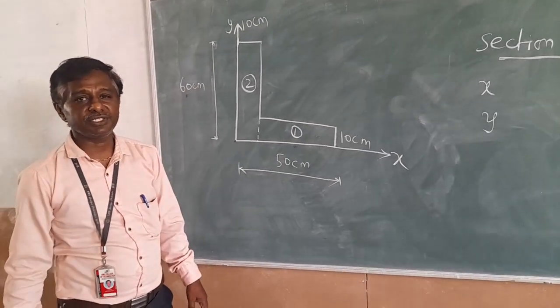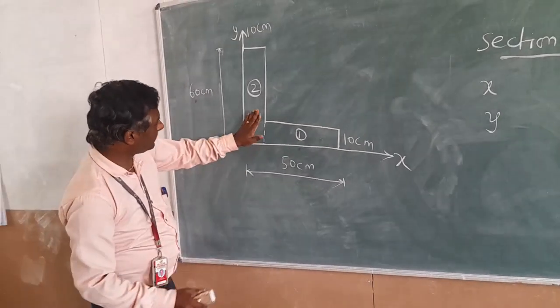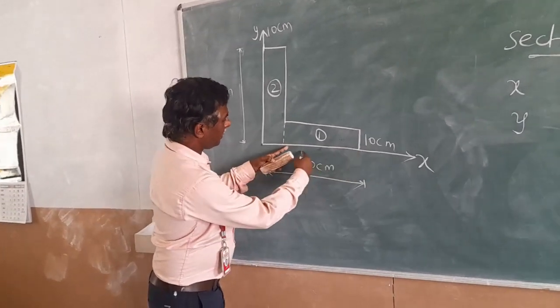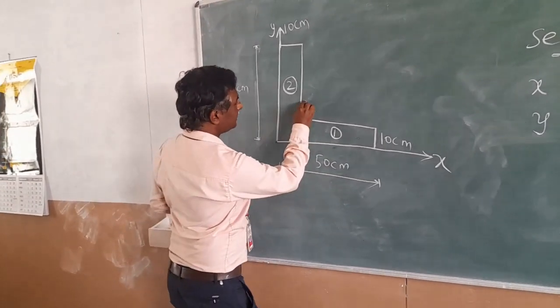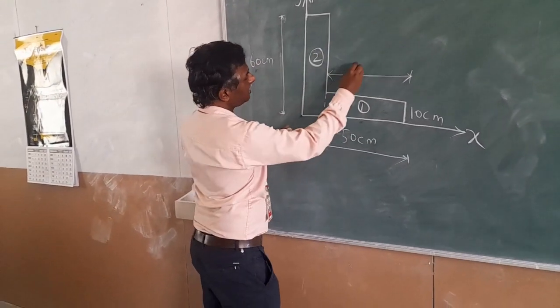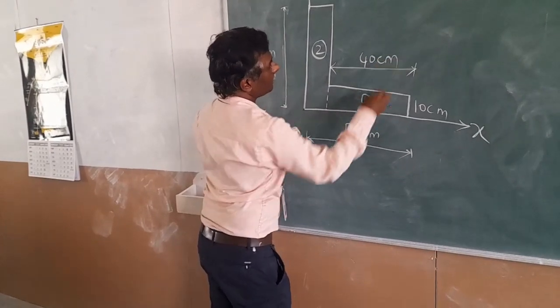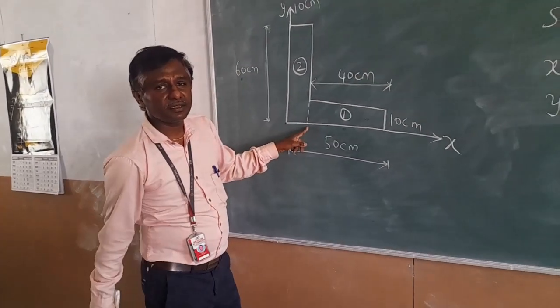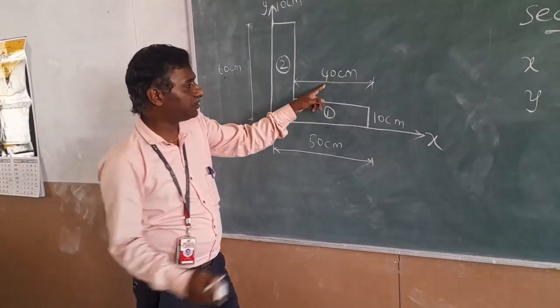That is the question. Now consider this one, this rectangle. What is the distance? Since it is 10 centimeter, it should be 40 centimeter. For a rectangle, the centroid will be half of the value. So 40 by 2.